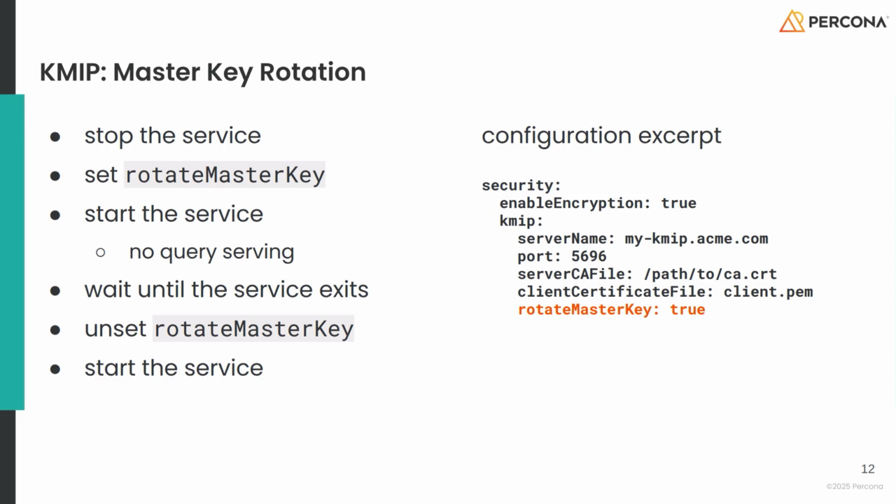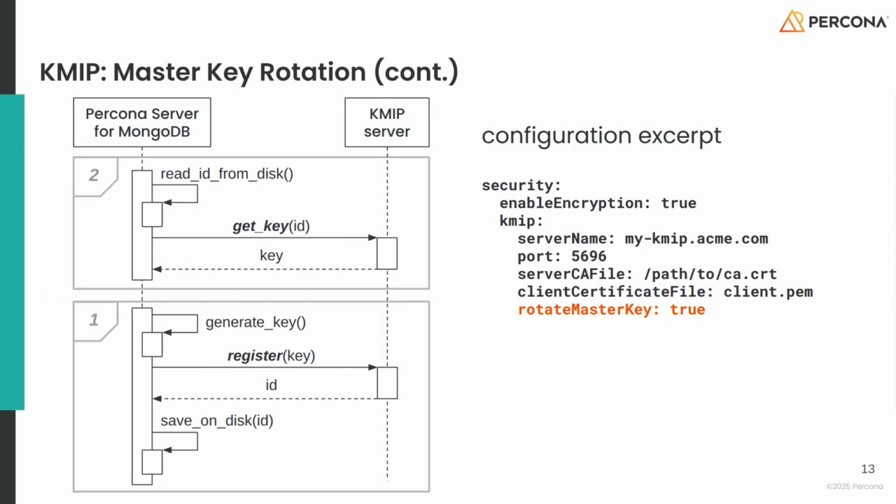Internally, during master key rotation, Percona server for MongoDB reads ID of the old key from the disk, requests the KMIP server in this example for that key, and decrypts encryption key database with that key. Next, it generates a new key, registers it on the server, and after getting the ID from the server, it encrypts master encryption key database with that new key.